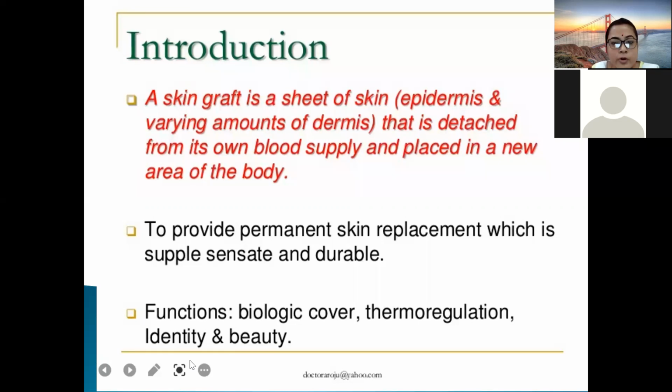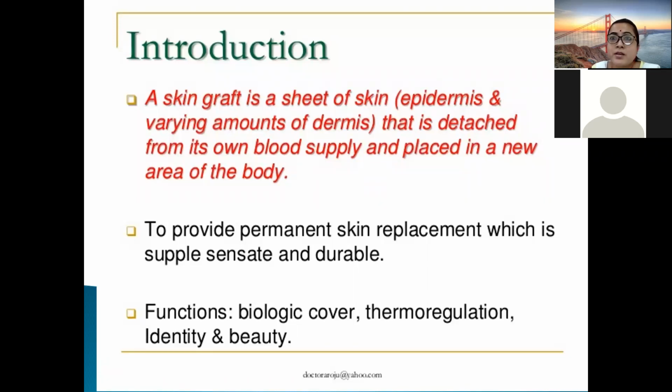Now, related to the functions of the skin graft, it is a biological cover, right? It will help in thermoregulation, that means temperature regulation can be done with the new grafted skin, and it will give a good identity and beauty, because the cosmetic purpose is also important. Patients after a burn injury sometimes have difficulty with identity because of the scar formations.